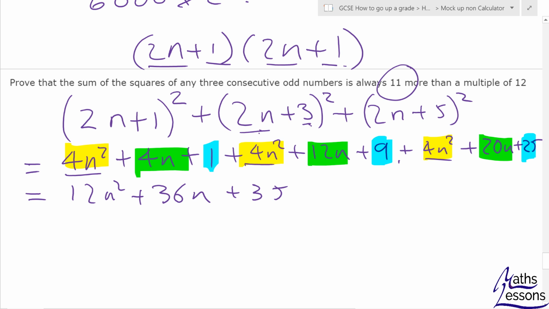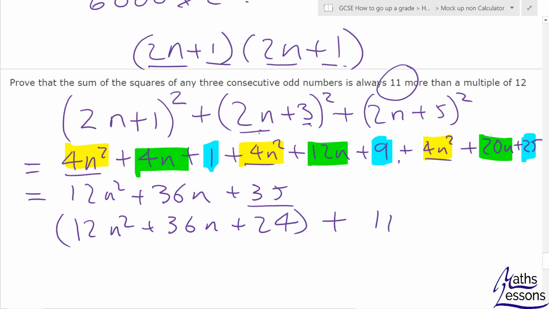Now if this is going to be 11 more than a multiple of 12, let's take 11 off it. That will leave me with 24. So I've got all of that plus 11.